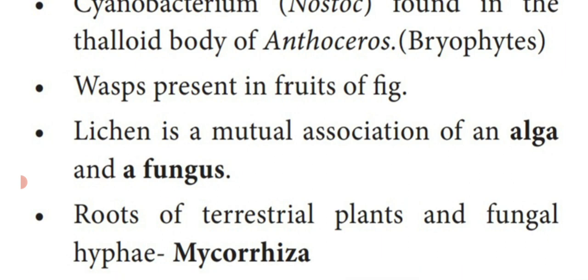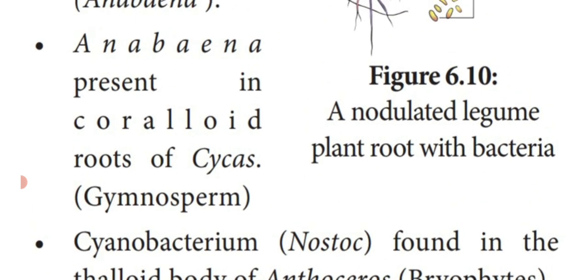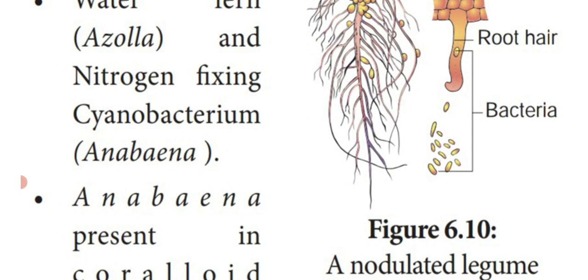Then another one, a symbiotic association of the root of higher plants and a fungal partner, is known as mycorrhiza. So these are all the other examples of mutualism. Dear students, that's why I told you, write short notes on mutualism. It will come for 3 mark as well as 5 mark questions.